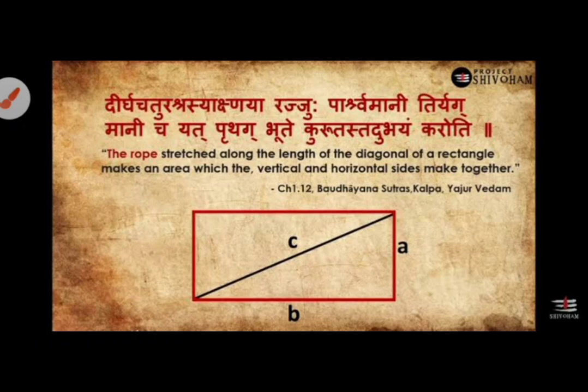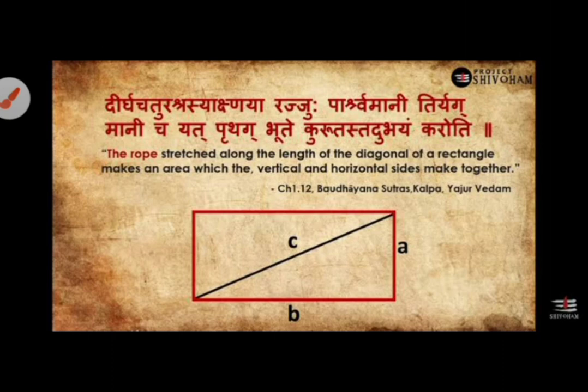So when he said Dirgha Chaturakshanaya, he's talking about a rectangle or a four-sided figure. Rajju, that is a thread, a rope.